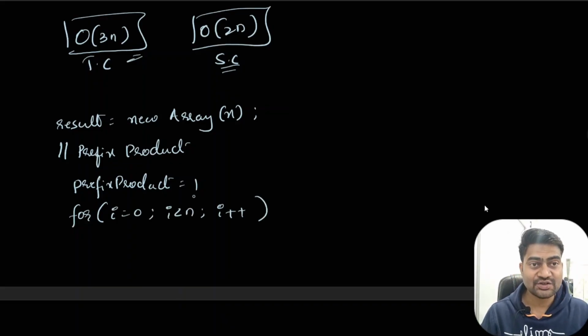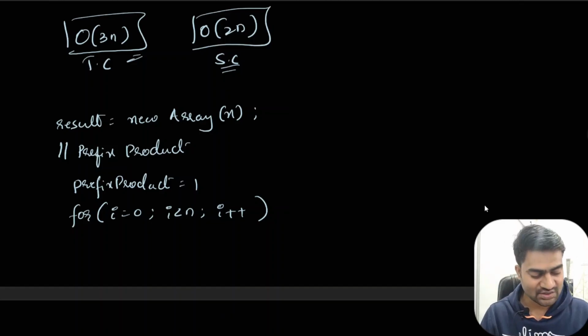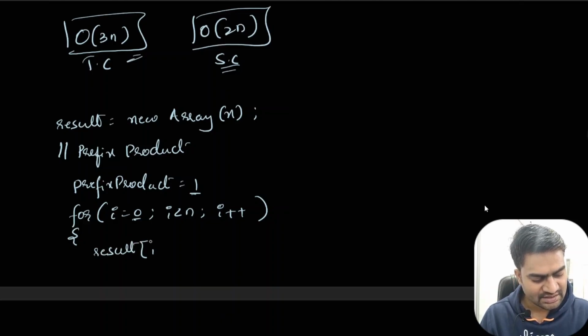Here we are assuming 1 is at the left of our 0th index. So I will first say my prefix product for the 0th index will be this one, right? Now my result array contains the prefix product in the first iteration.